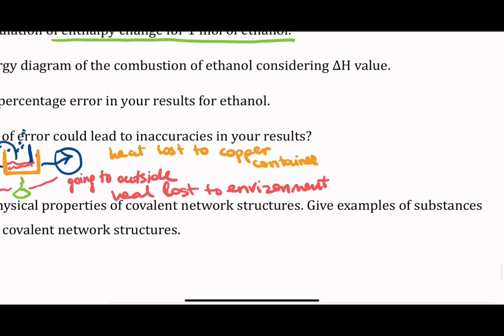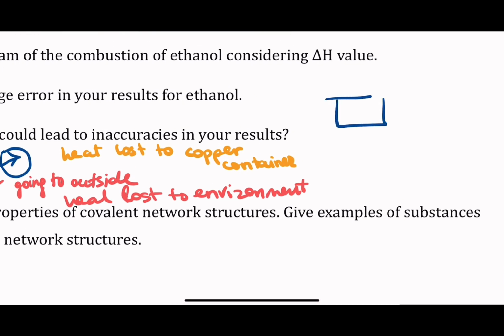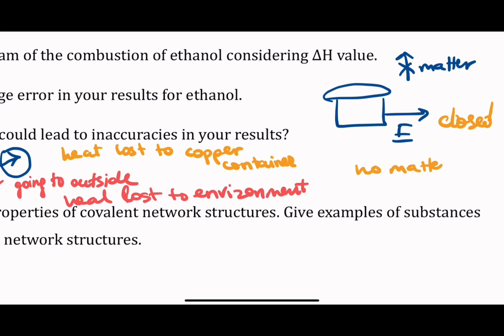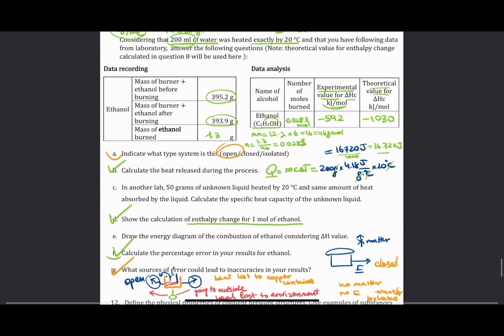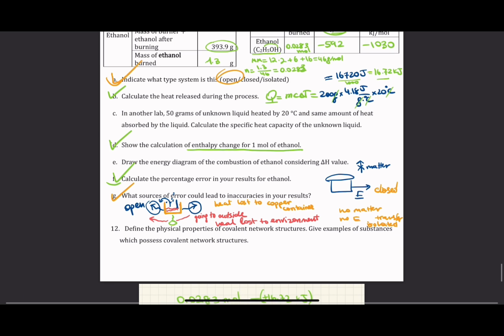Now you need to remember, if we close it so that matter transfer won't happen, but energy transfer can happen, that is a closed system. When there is no matter and no energy transfer, that is an isolated system. You need to review your notes. So in our case, it was an open system. Now that one is done as well.